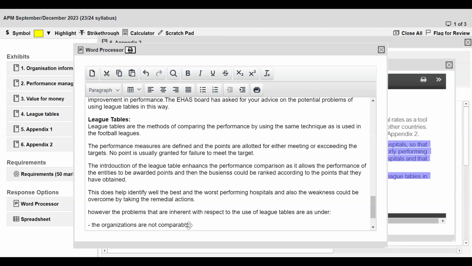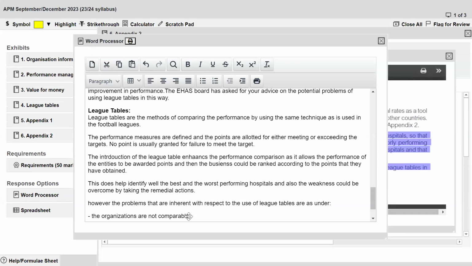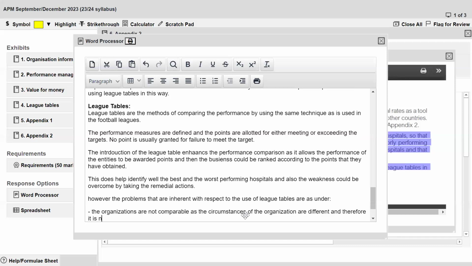Now, the organizations are not comparable as the circumstances of the organizations are different and therefore it is not that easy to compare the performances.